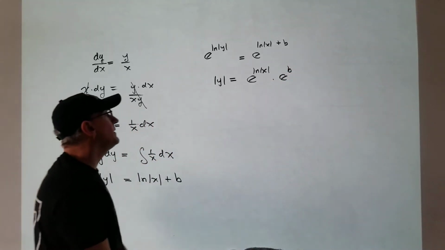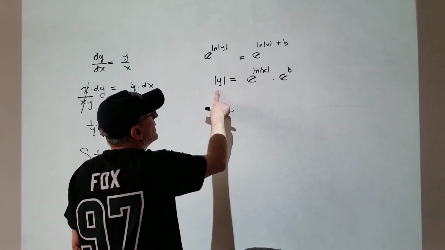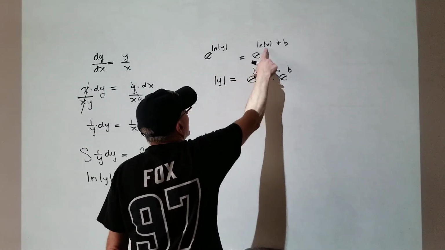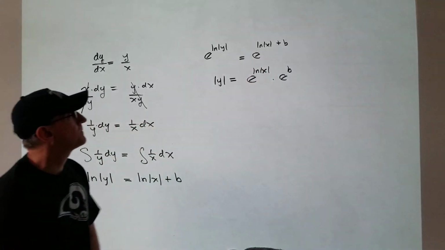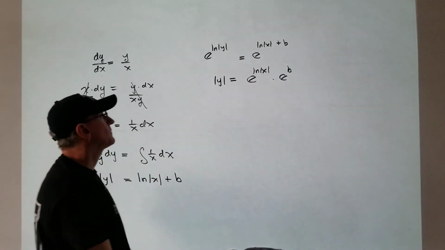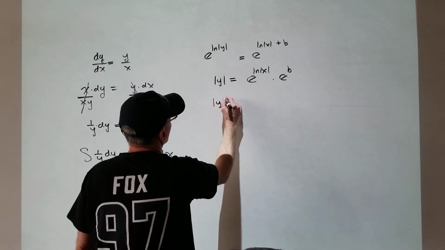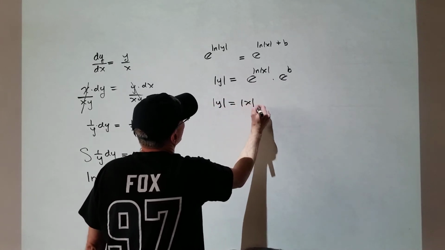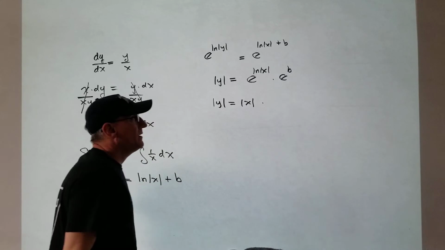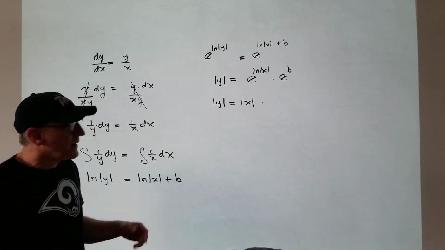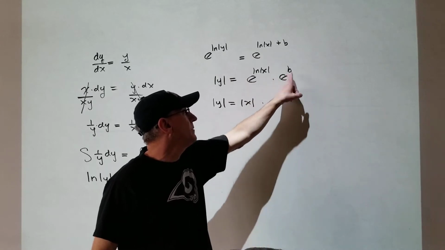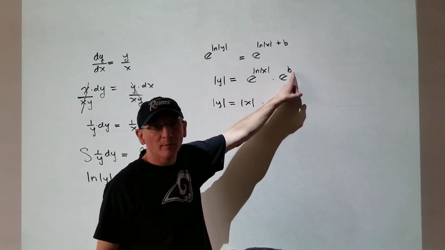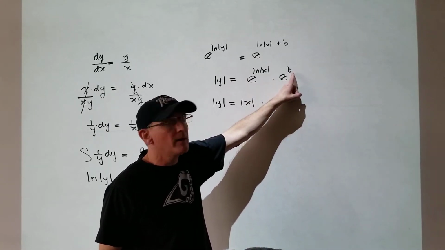Now, for the same reason that this became absolute value of y, this can become absolute value of x. And then you can, if you so desire, give this e to the b structure. You see, b is any real number you want, positive, negative, decimal fraction, whatever you want.